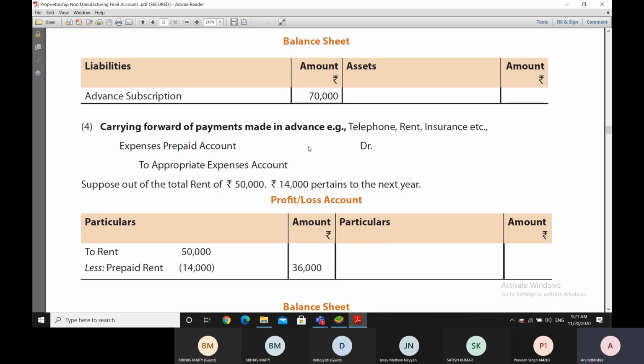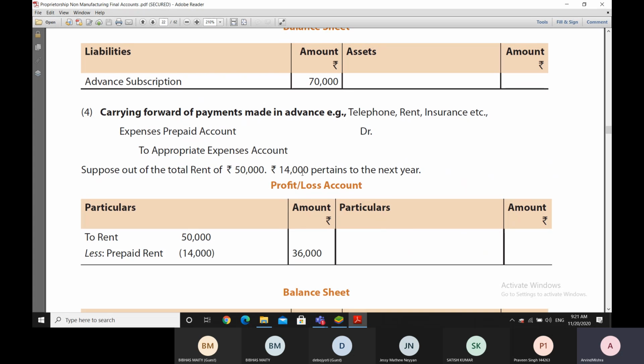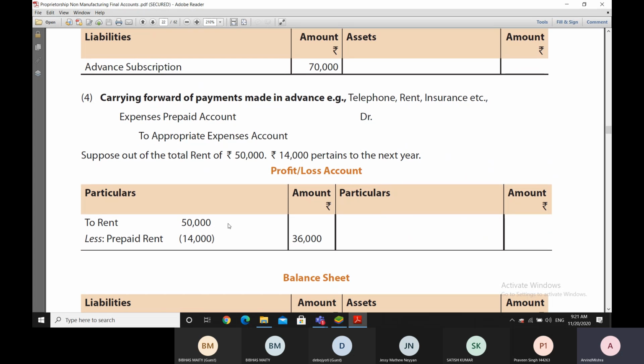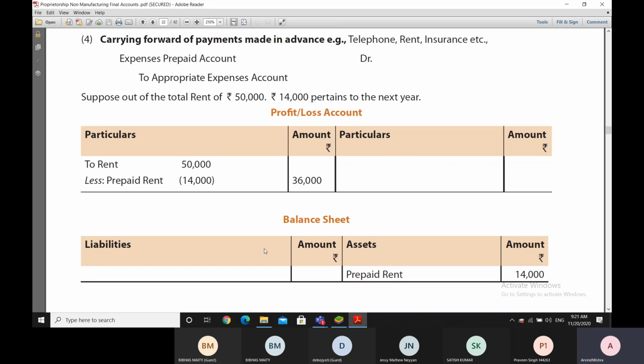So this debit in the expenses prepaid account will show in the balance sheet, and to the extent we have credited the appropriate rent account, that will show as a reduction from the rent in the profit and loss account.